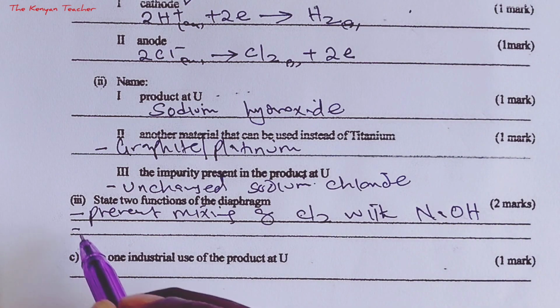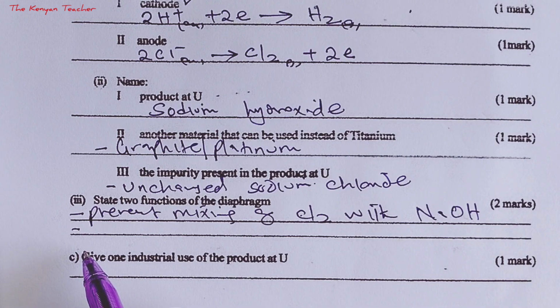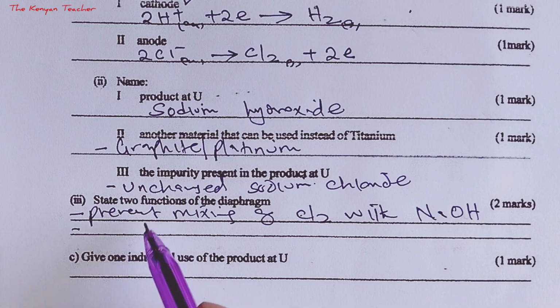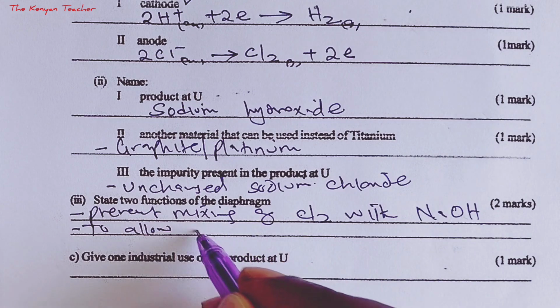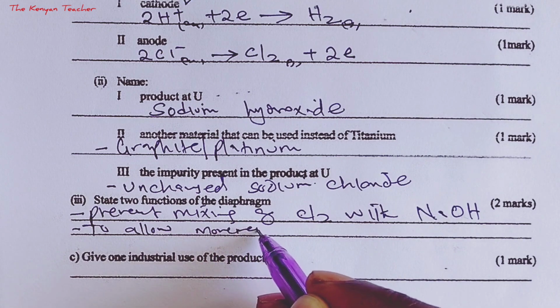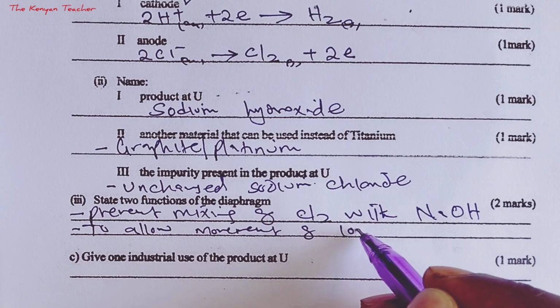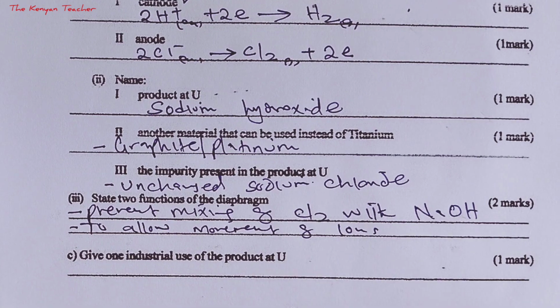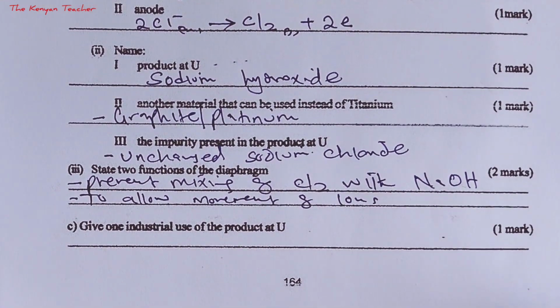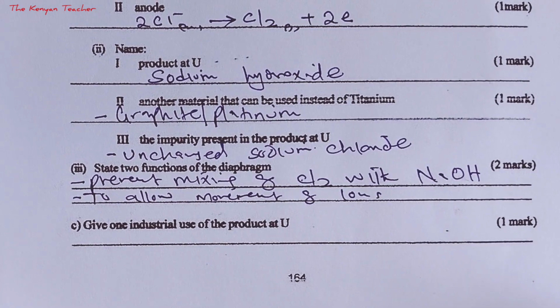We've just mentioned that we would actually produce a bleaching agent, which is not the main reason as to why we are here. Number 2 is to allow movement of ions, specifically sodium ions that are moved from the left compartment to the right one.